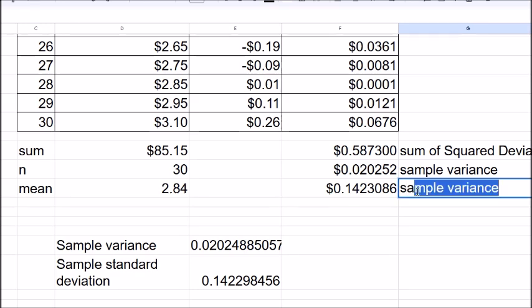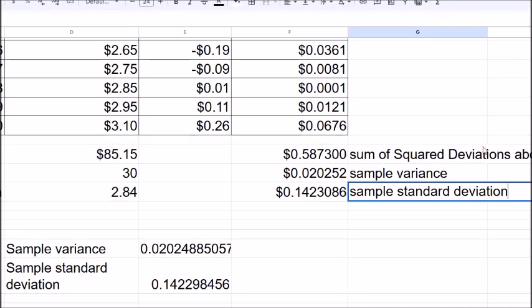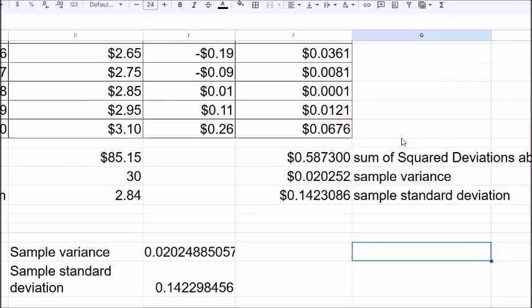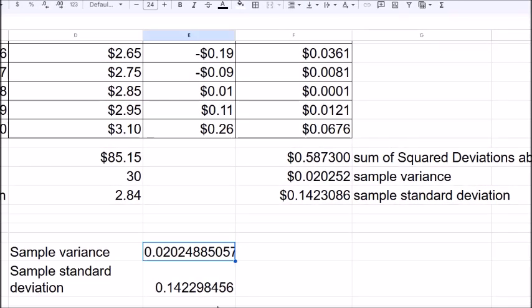This is called the sample standard deviation. And so this is how we would calculate the sample variance and sample standard deviation using the formula.